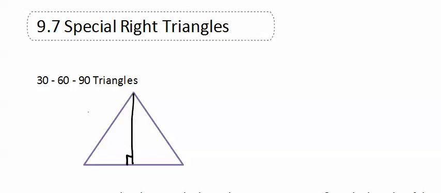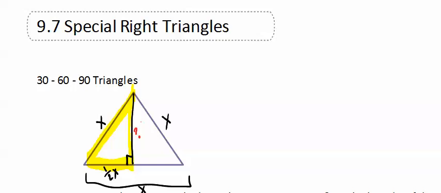Now, we could say that this side is x, this side is x, and this side is x, and this would be half x. And because this creates a 90-degree angle, we can actually use the Pythagorean theorem to find the missing side. We'll call it y.